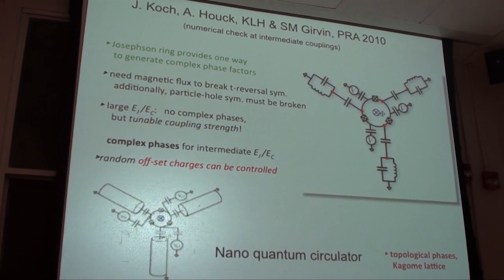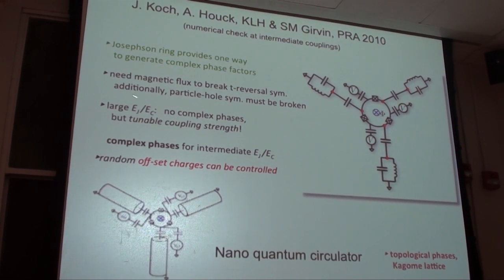So, of course, it can work, but it is not as simple as it seems. First, you could tell me it could depend on how many junctions you choose. But not only that, we managed to show that it works only in a domain of charging energy of this small ring and the Josephson coupling, which is quite narrow.